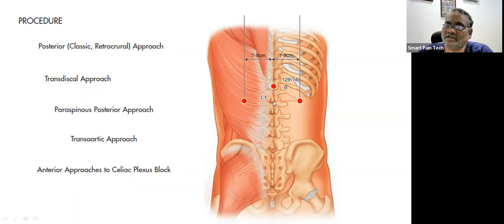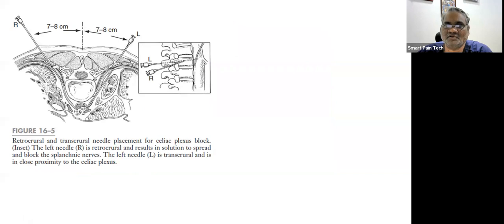From there we puncture and move towards the vertebral body. This is a blind technique. But we use fluoroscopy, so there is no need to go this many centimeters away. It is based on the trajectory of your C-arm rays. Based on that, you can choose your puncture or entry site.